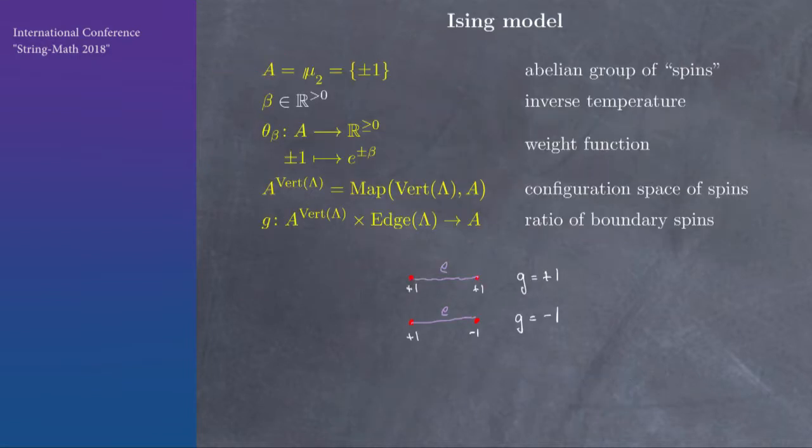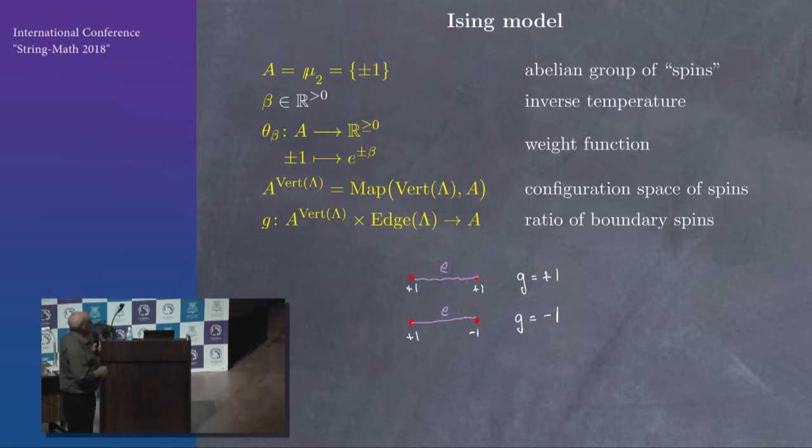So we'll be doing the Ising model on compact manifolds instead of in flat space, which is often where it's studied. And so to begin, we'll take the classical case, which is the case where the spins are valued in plus and minus 1, the cyclic group of order 2. And there's a parameter, a positive real number, which is thought of as the inverse temperature.